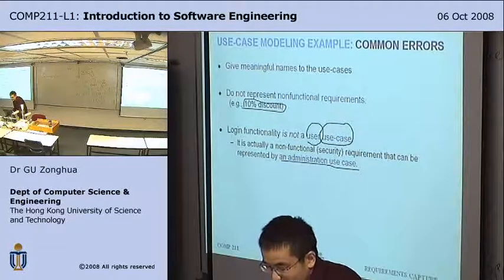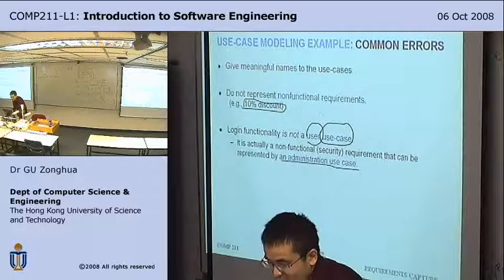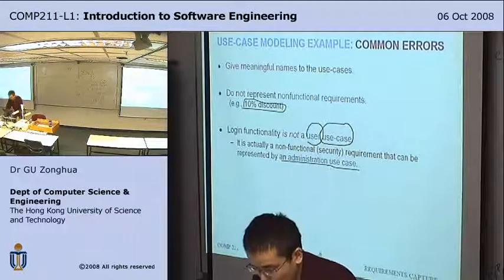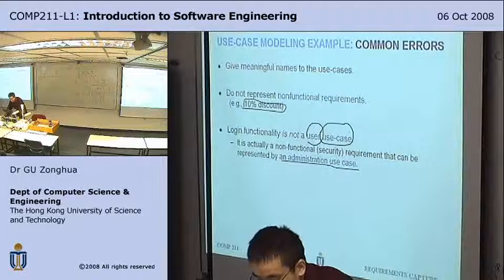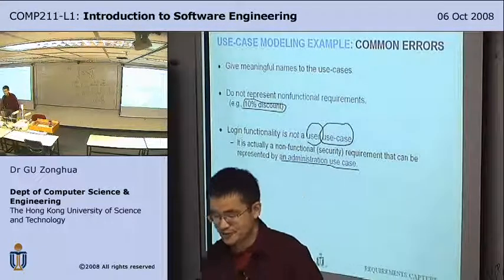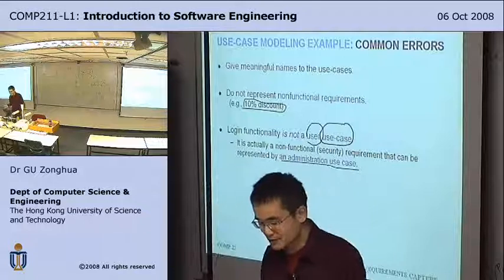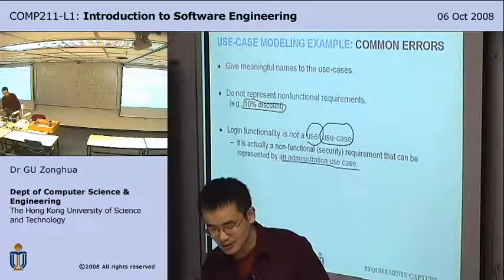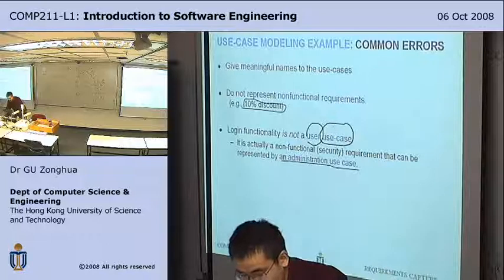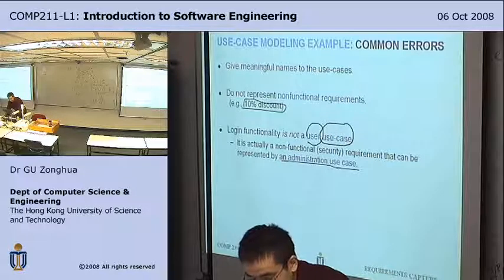So in the use case specification, we are trying to identify what the user is trying to accomplish. So we only place the functionality that adds value to the user. That is, register for a course, delete a course, add a course. Login is just something that is not part of the user functionality.